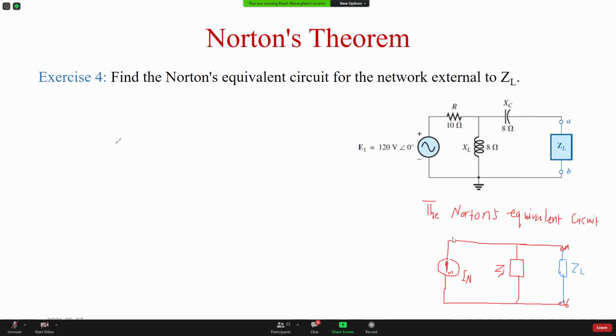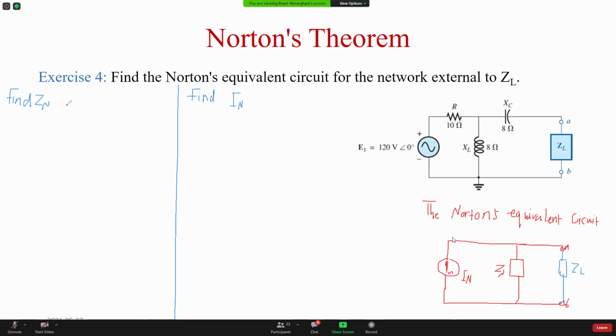So I have to find two things: Zn, and In. Once I find these two, I can plug them in my network, the equivalent circuit, then I can say, okay, that is what we have.